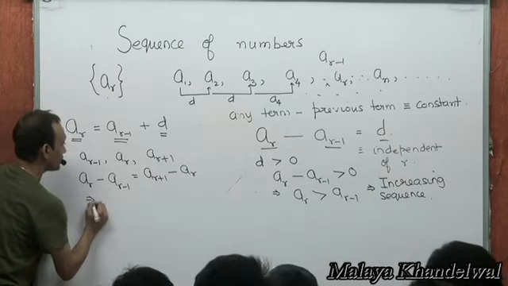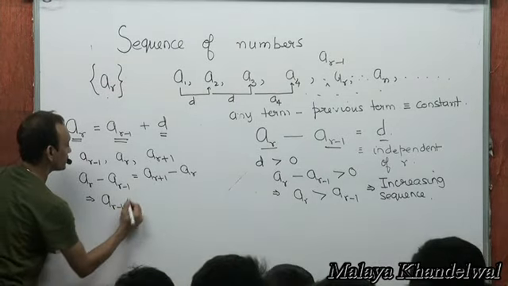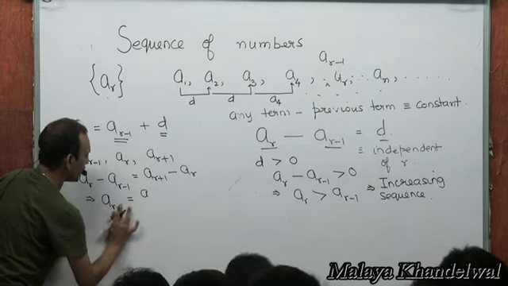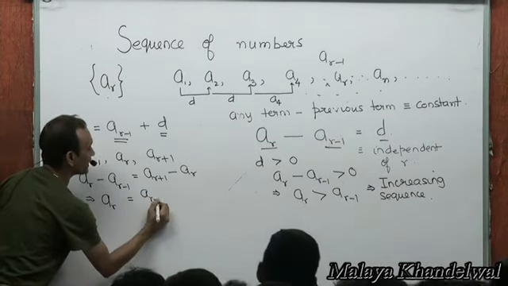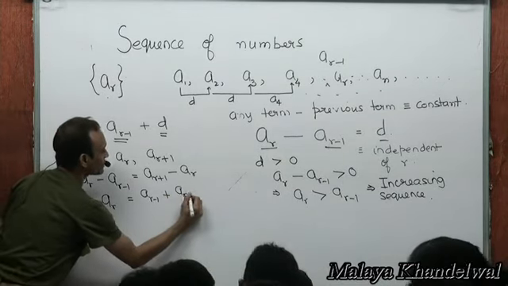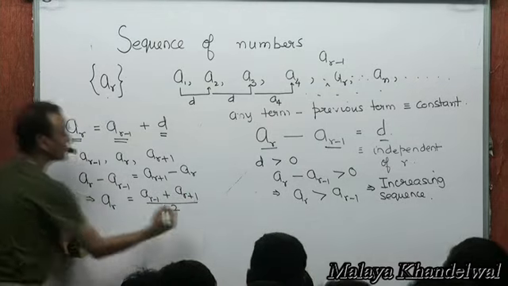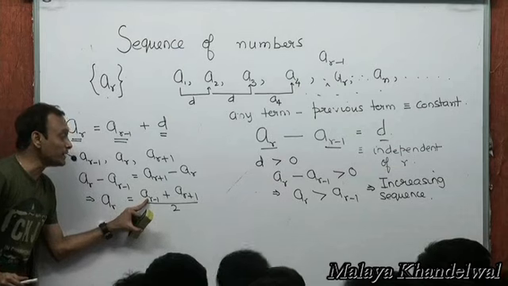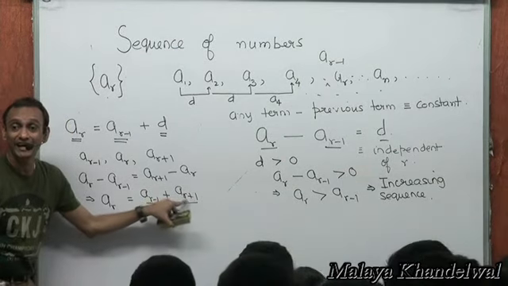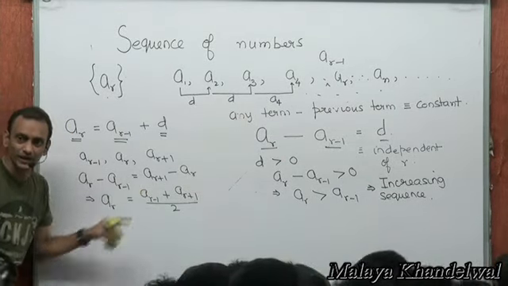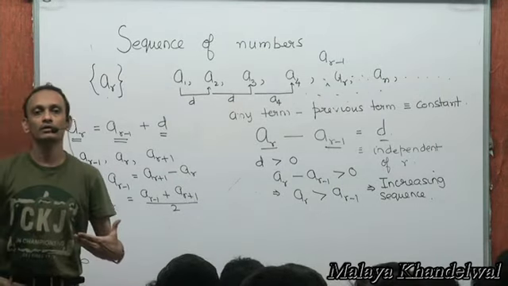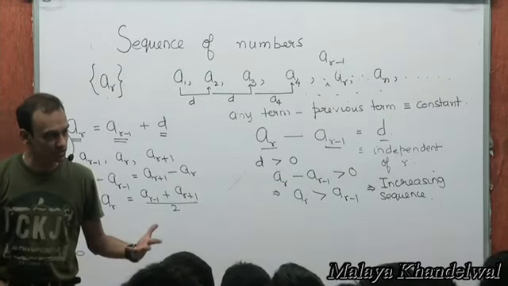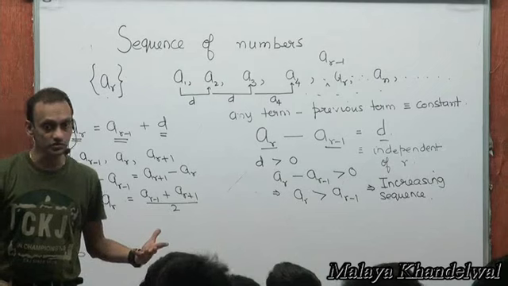This will give me AR equals AR minus 1 plus AR plus 1 by 2, which is the arithmetic mean of AR minus 1 and AR plus 1. Is this not the arithmetic mean? Arithmetic mean means what? Average, just the average of these numbers, right?